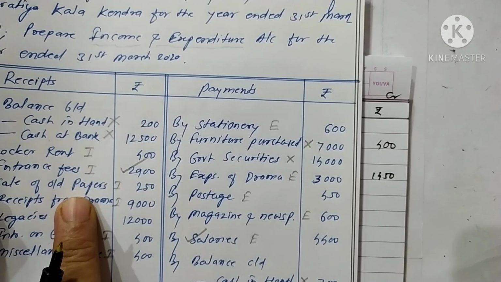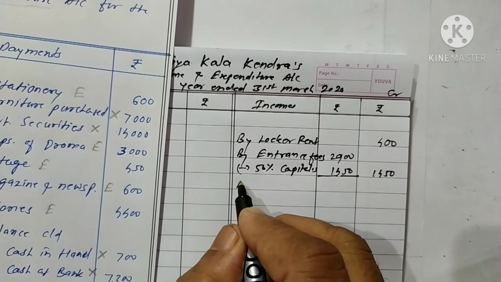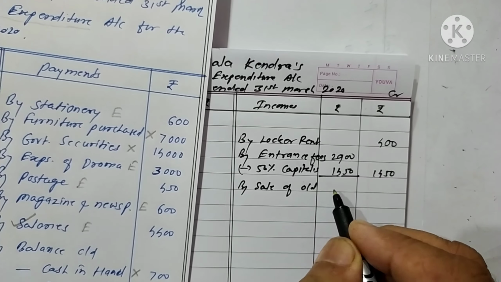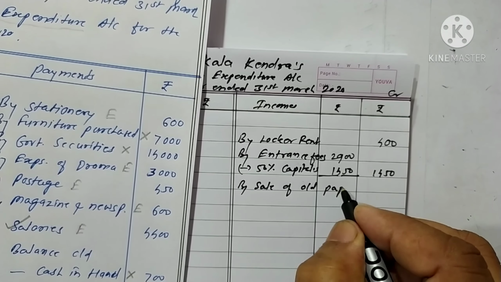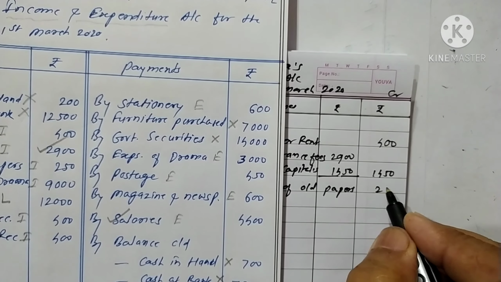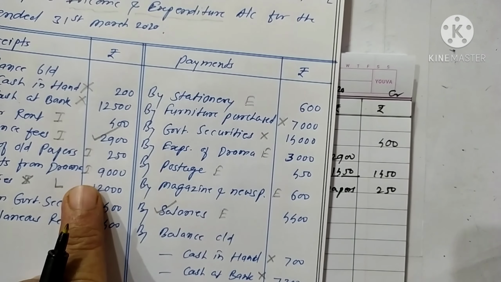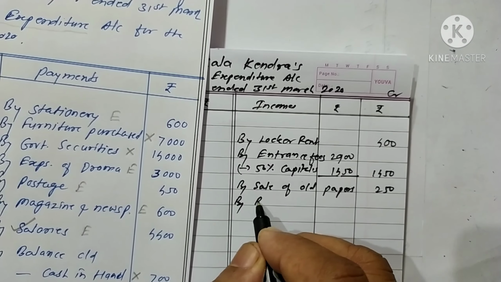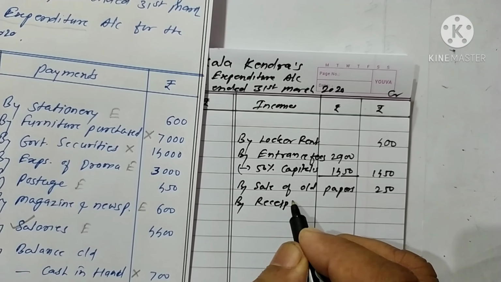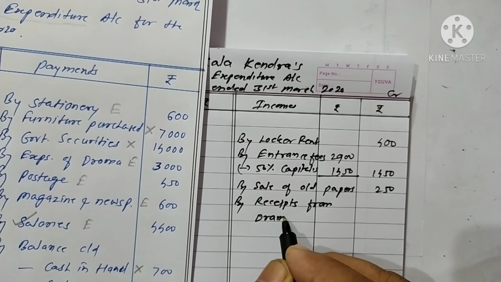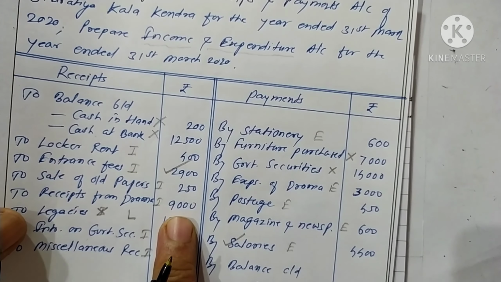Next is sale of old papers, rupees 250. Next is receipts from drama, which is also income, rupees 9,000.